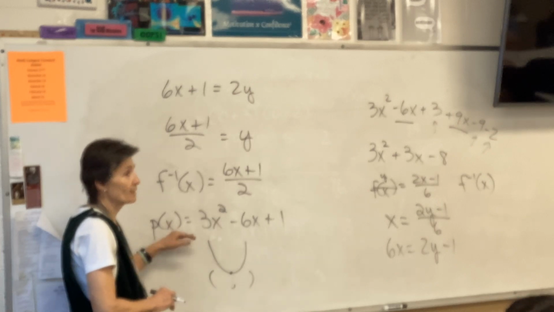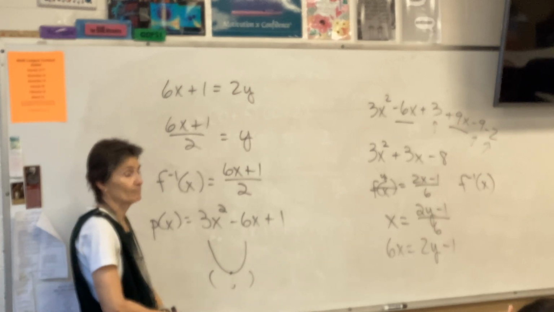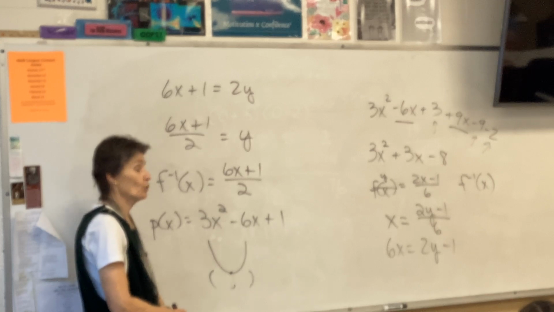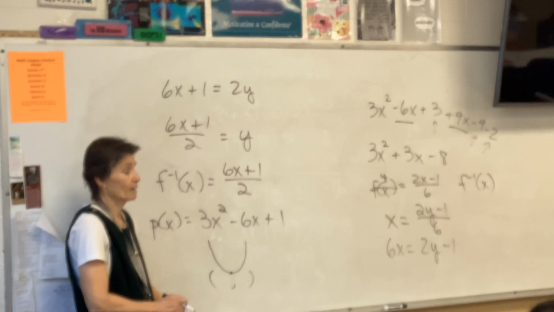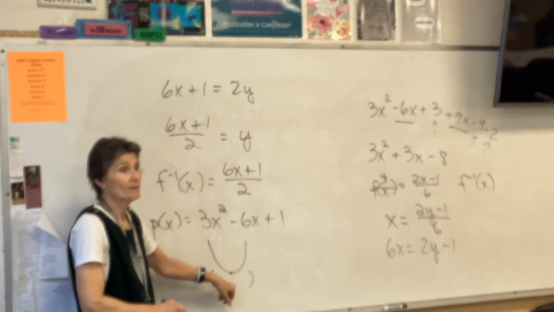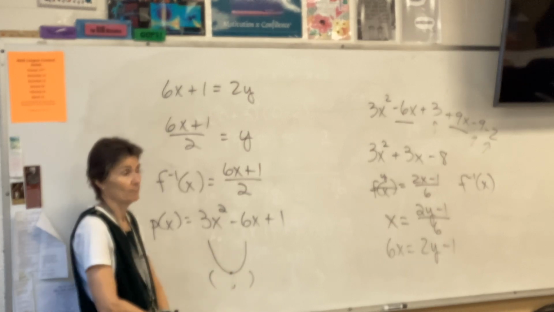Does anybody remember how we did that? No. Could we use a calculator to find the vertex? Absolutely. Your calculator will find the minimum. This is a no calculator problem.